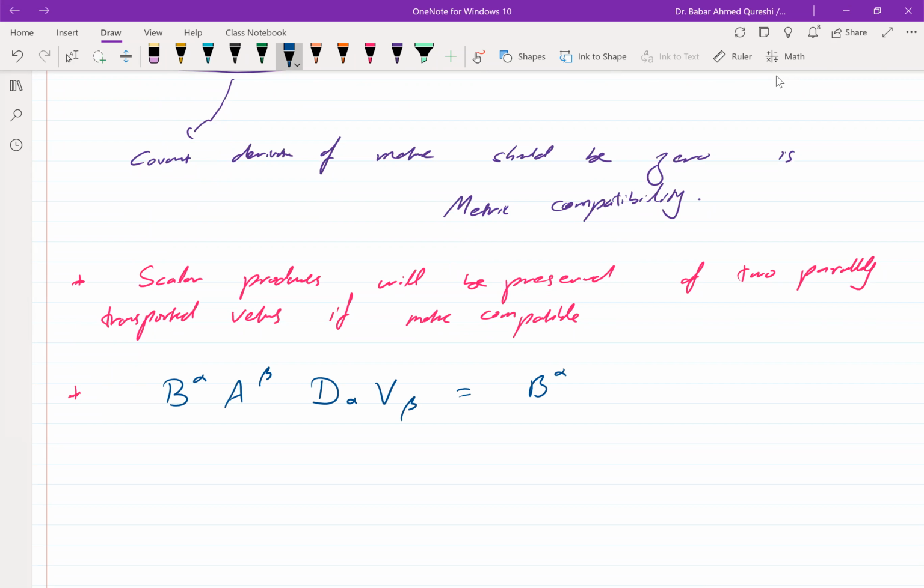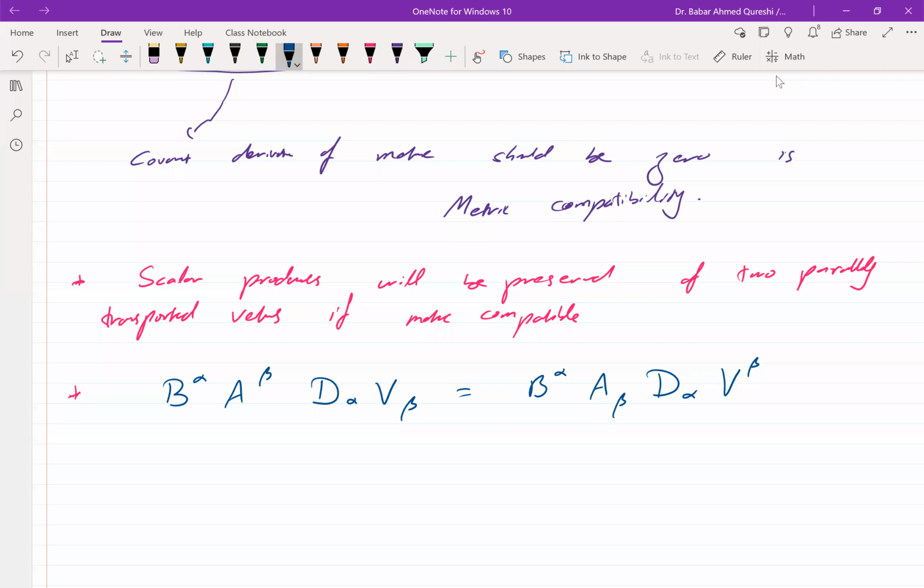Because of metric compatibility, I can freely, because remember when you have a contraction, you can lower the index of one and raise the one of the other. You can still do it inside the derivative, because when you have a contraction, you have a metric over there.